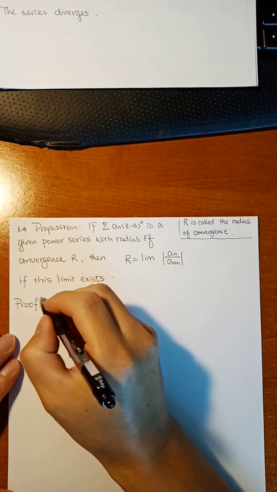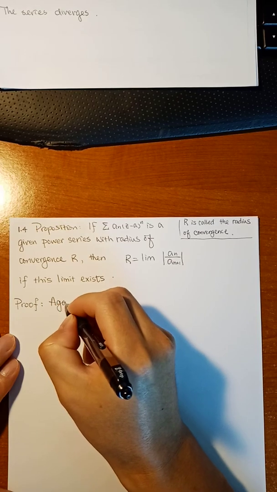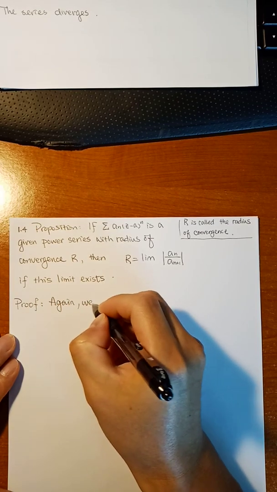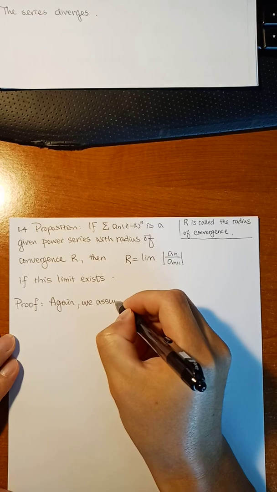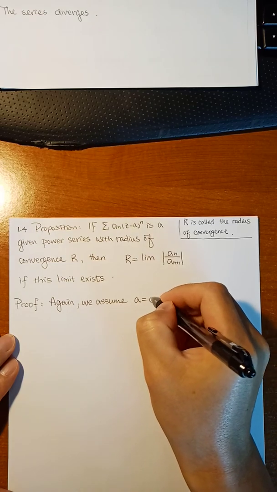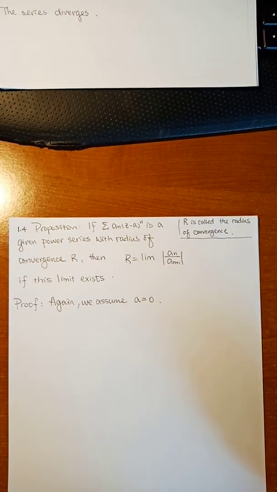Again, we assume a equal to 0. When we state the theorem or proposition, we always state it in the most general way, so z minus a. But when we prove it, because it's not that important to have a or no a, we always assume a equal to 0.